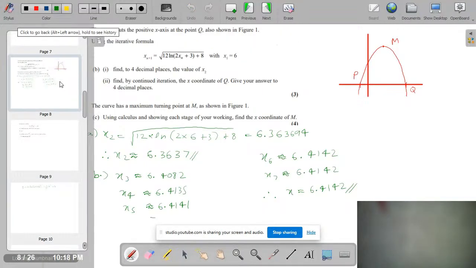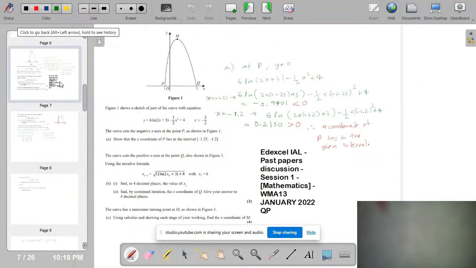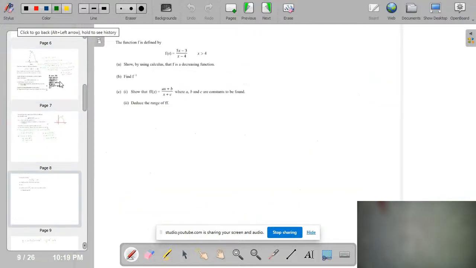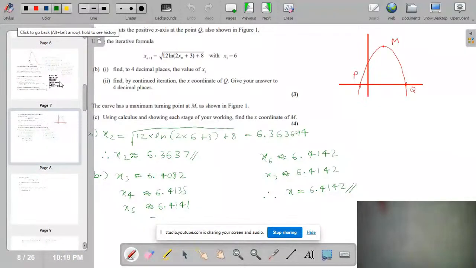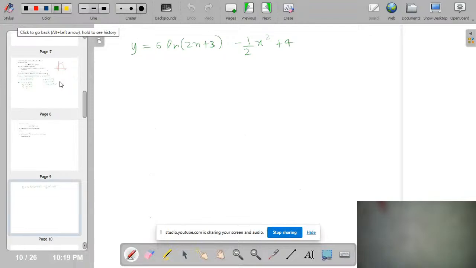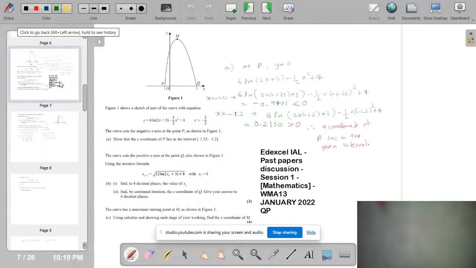Better to double check. 6 ln (2x plus 3) minus half x squared plus 4. So, right.